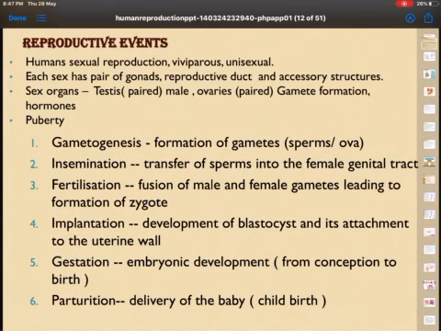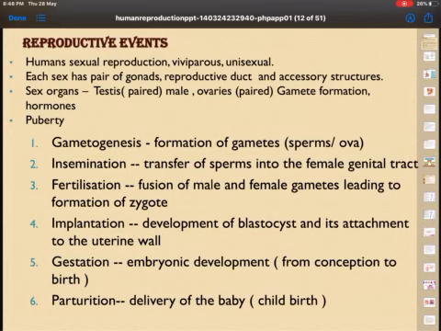And then there is a reproductive duct. There are many tube-like accessory ducts that help in both male and female reproductive processes. Adding to that, there are accessory structures and other glands that secrete various hormones as well as secretions.